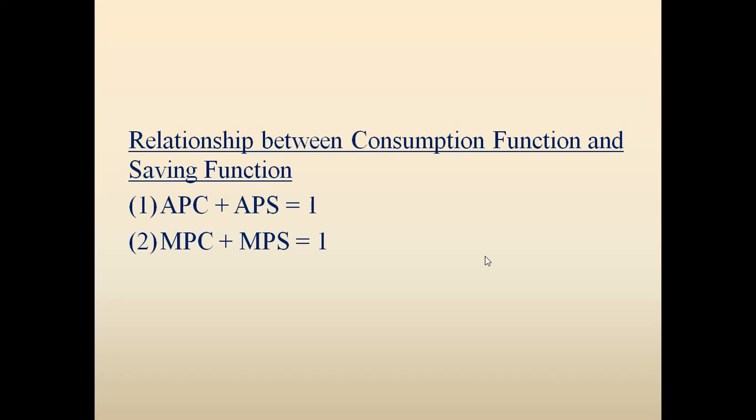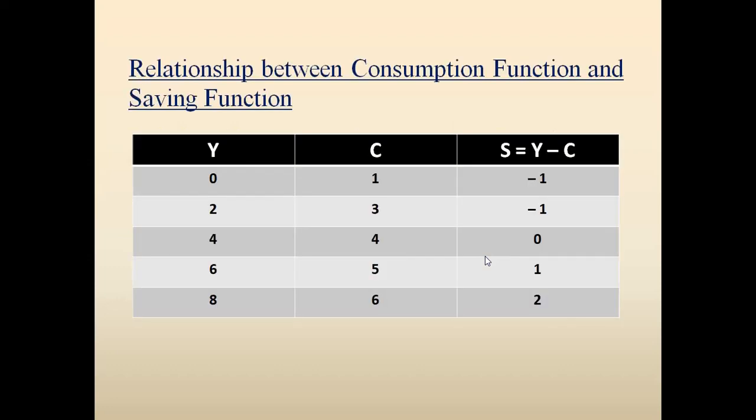This is the relationship between the consumption function and saving function. Now let us try to understand the same from the schedule. Let us assume that when your income was 0, we already know that there is always autonomous consumption expenditure in the economy.